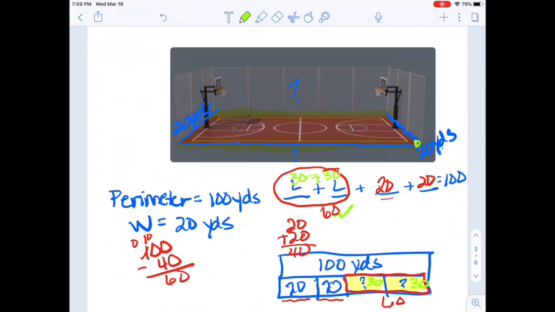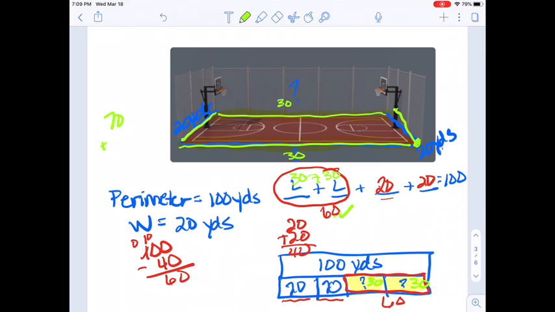If I start right here, 20 plus 30 is 50, plus here's 20 that we already knew, 50 plus 20 is 70, and if this is equal to 30, 70 plus 30 is 100. It is. So we know that our length of 30 is correct.